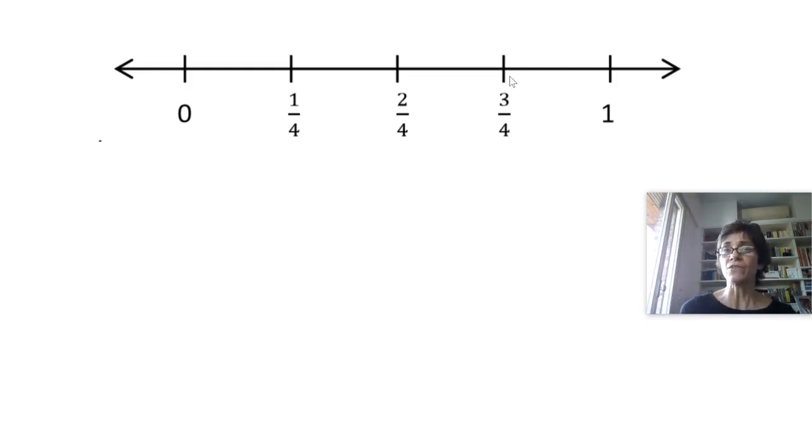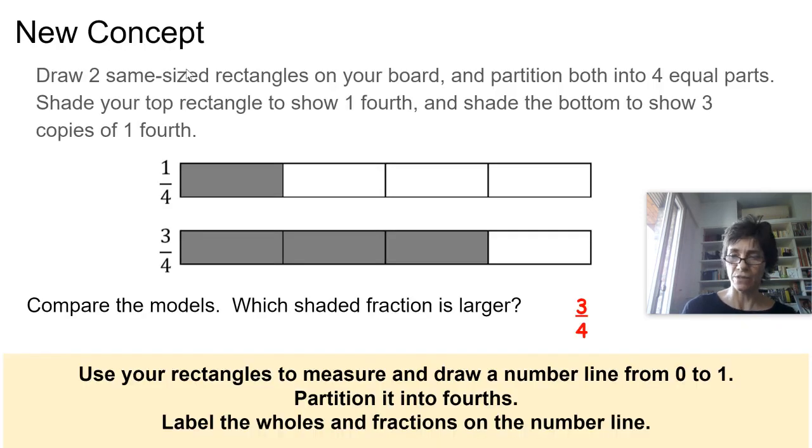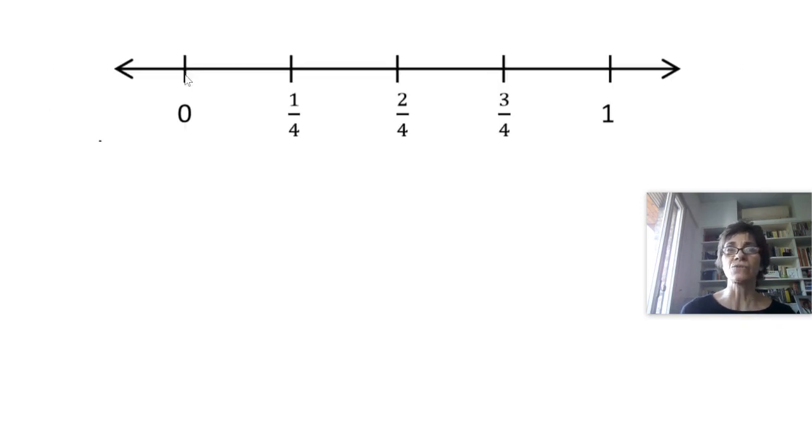In this case, it's quite obvious. 3/4 is closer to the 1, and it's farther away from the 0 than 1/4. So it's obviously bigger. You can also consider it like covering a distance. Imagine that this is a race. The 0 is your starting point, okay?